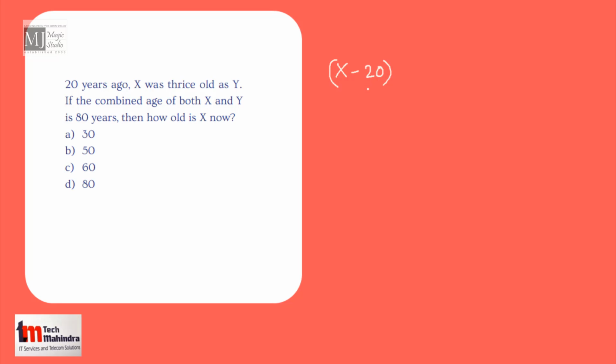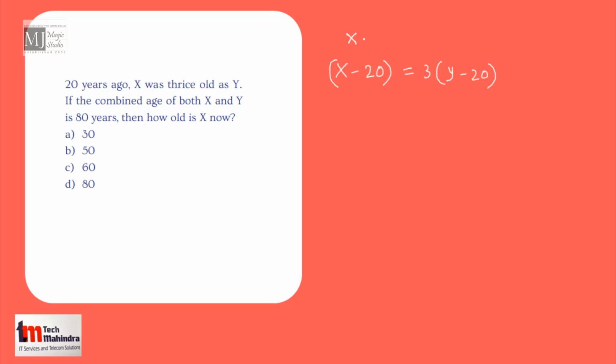X was thrice as old as Y. Can I say X's age 20 years ago was 3 times (y minus 20). x and y are the present ages of these two people. If the combined age of both x and y is 80 years, currently, today, x and y are 80 years. So we have that as a second equation.